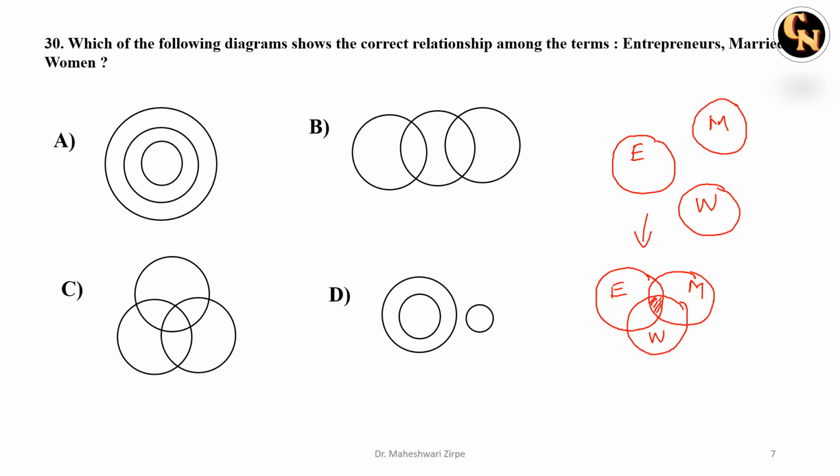So the intersection of these circles will represent those combinations. Okay, so option C is the correct option. Option C is the correct option, telling you that some women may be entrepreneur or married, and some women may be both entrepreneur also and married also. So here option C is the correct option.